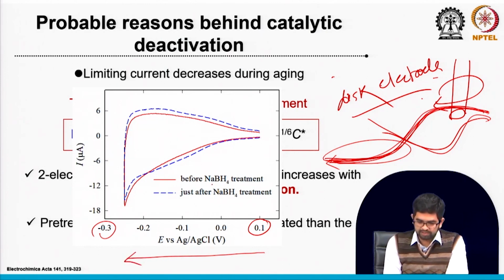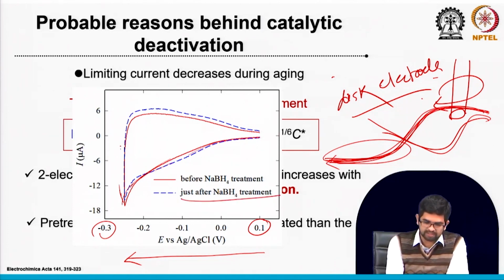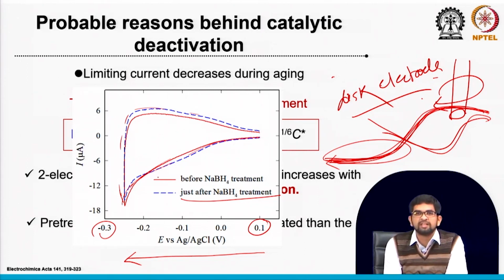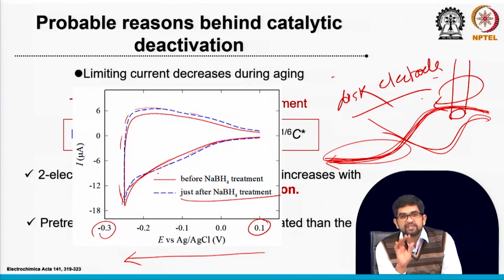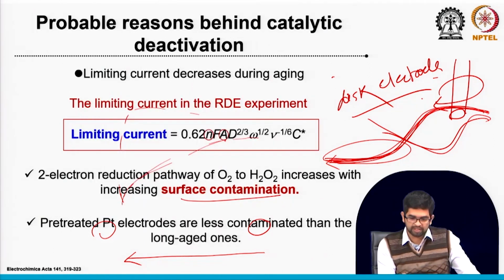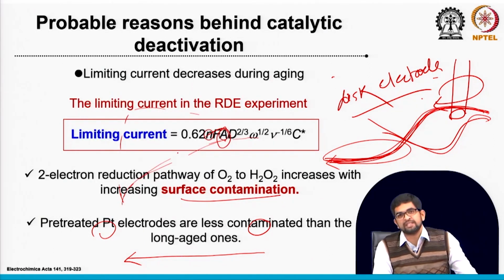You can see the red one, just before the sodium borohydride treatment, in this region. So you can calculate the area in this region, and then just after the sodium borohydride treatment in this area. If you calculate this reduction area, then we can measure whether the active surface area of the electrode is blocked or not.